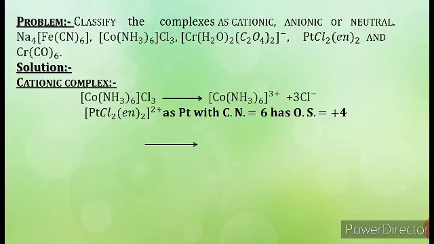Here I have taken the second example first, hexaamminecobalt(III) chloride. When you dissolve this complex in water, it dissociates into hexaamminecobalt(III) ion and 3 chloride ions. So the complex possesses a net positive charge, so it comes in the category of cationic complex.